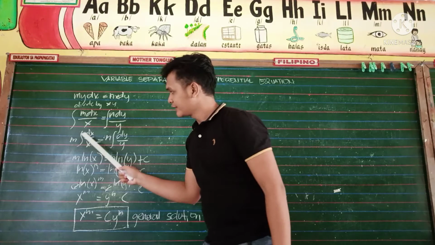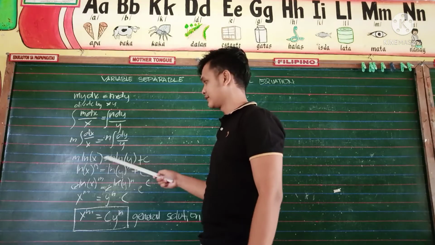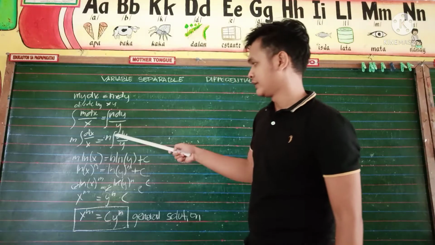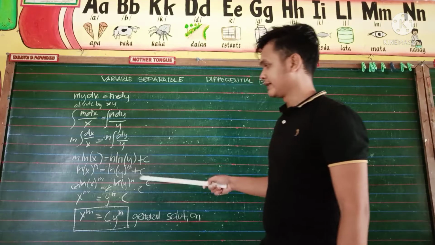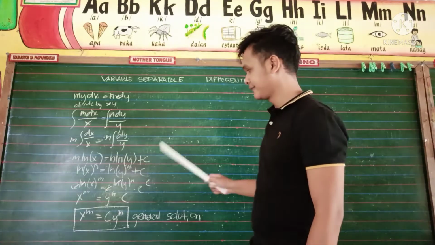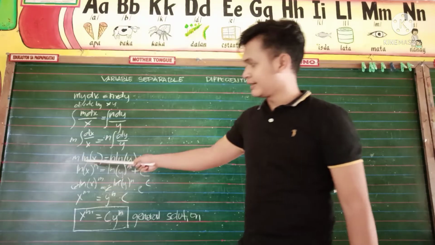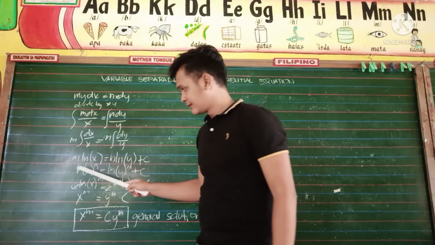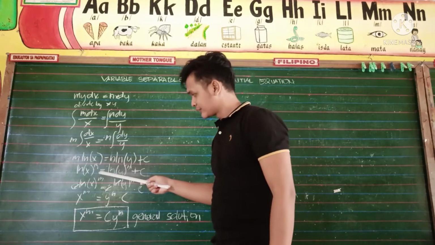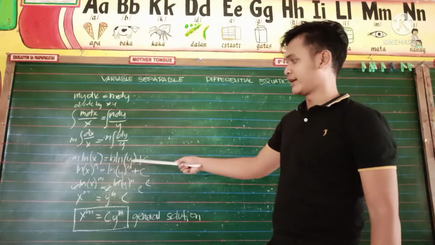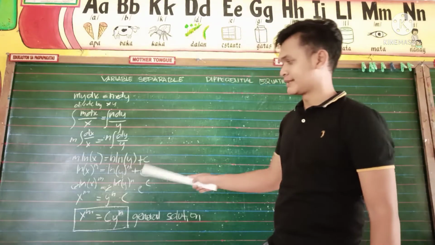So integration of dx over x gives m ln of x, equal to integration of dy over y, n ln of y, plus the integration constant c. m ln of x can be written as ln of x raised to m, and n ln of y can be written as ln of y raised to n, and copy the plus c.